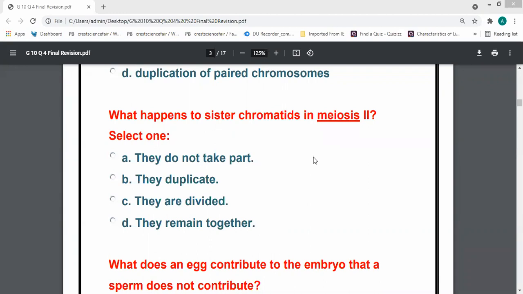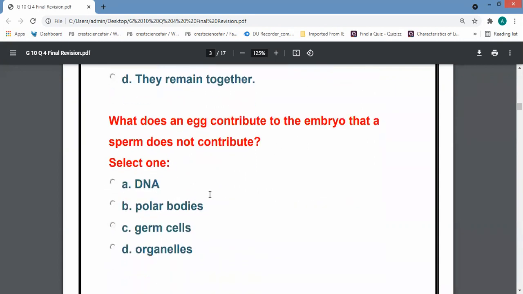Divided, letter C. Okay. The best answer to what happens to sister chromatids in meiosis II: they are divided. Letter C.